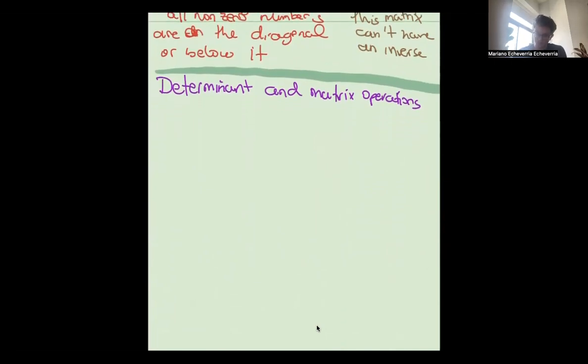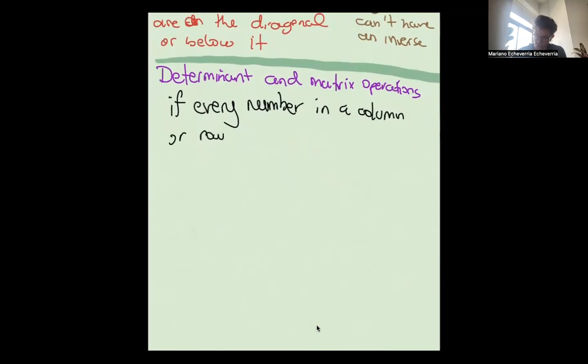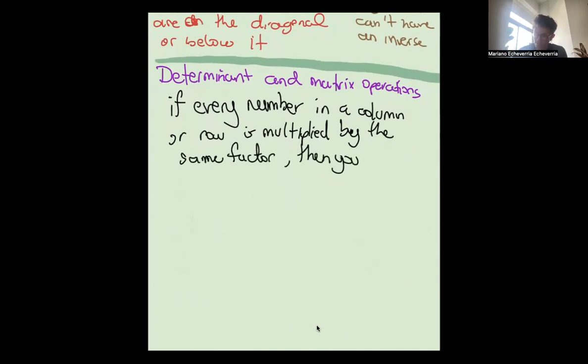So if every number in a column or row is multiplied by the same factor, then you can take that factor outside the determinant.